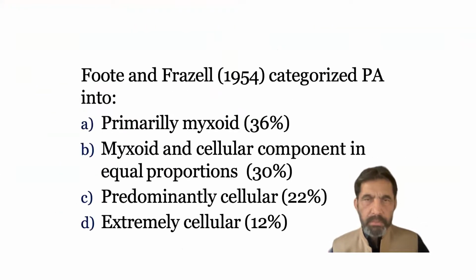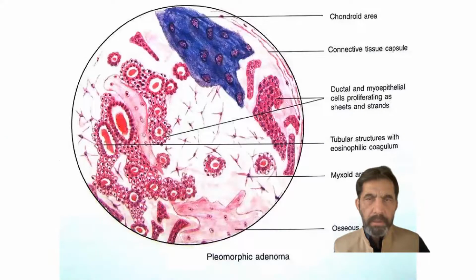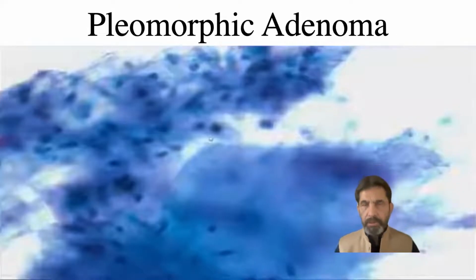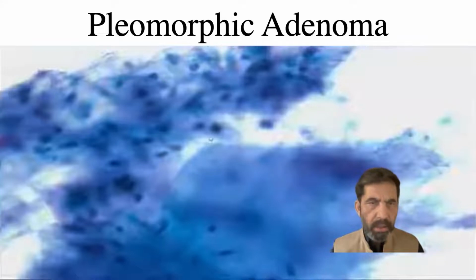Morphology I have seen, but let's see this from different pictures. This is the chondroid area, and this is the connective tissue area. This is ductal myoepithelial. In this picture of the pleomorphic adenoma, you are looking at the yellowish myxoid area, and there are spindle cells and epithelial cells.